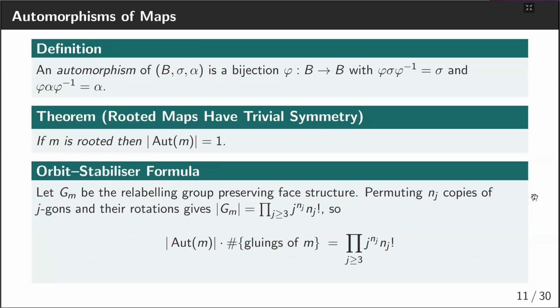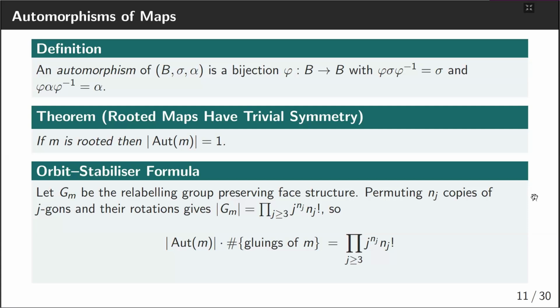We define an automorphism of this tuple B, sigma, alpha as the bijection phi going from B to B with phi sigma phi inverse equals sigma, and phi alpha phi inverse equals alpha. So we have a theorem: rooted maps have trivial symmetry. If M is rooted, then the automorphism group is 1, as we saw. And we have an orbit-stabilizer formula.